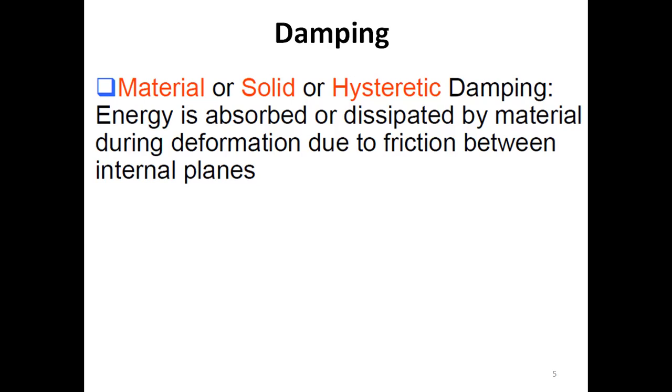Whenever they move relative to each other, there is friction between them, and because of this friction energy is generated, and that energy must be coming from somewhere, because energy can neither be created nor destroyed.